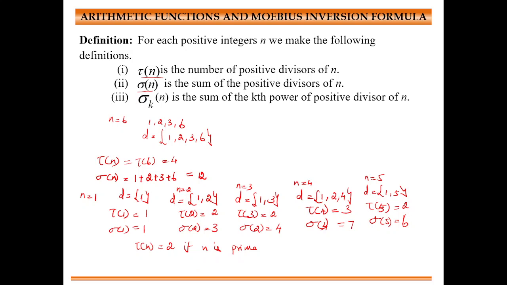In the same way, sigma n is always equal to n plus 1 if n is prime, the prime number and 1. 1 will always be a divisor of the prime number.